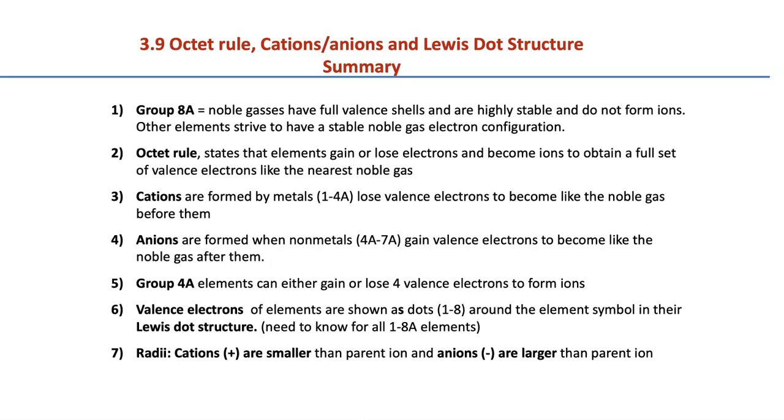And each dot is representing a valence electron. You only need to know the Lewis dot structures for groups 1 to 8A elements and ions. Then when we talk about ionic radii, cations have a smaller radius than the parent and anions have a larger radius than the parent. That's it for now.